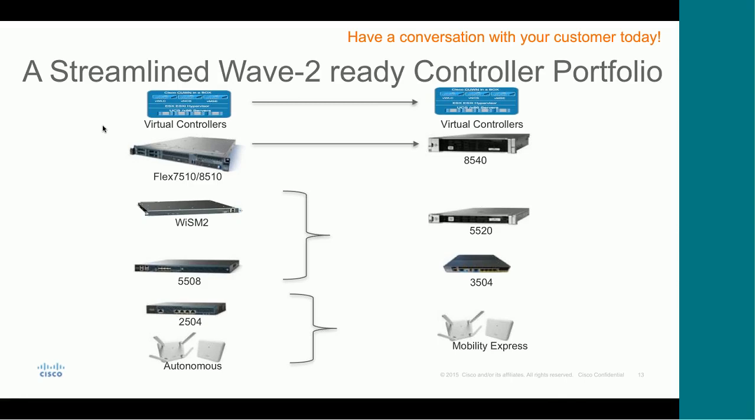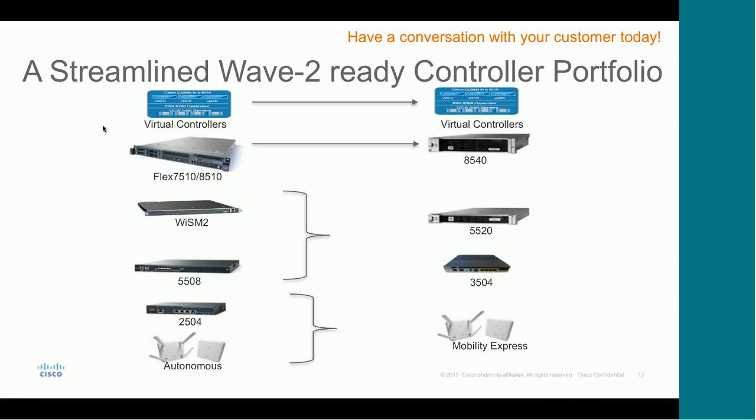And Mobility Express really focused on the small office, the branch, where the actual access point itself can be a controller, and then multiple access points can talk to and connect to that AP for AP functions, analytics, and additional information. And then we start moving upwards.